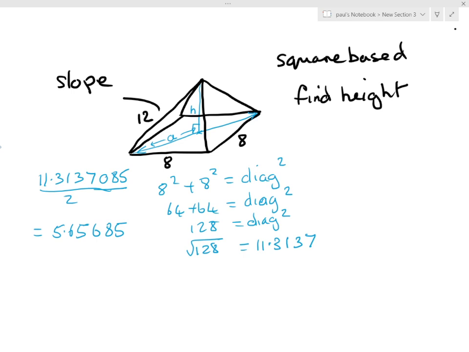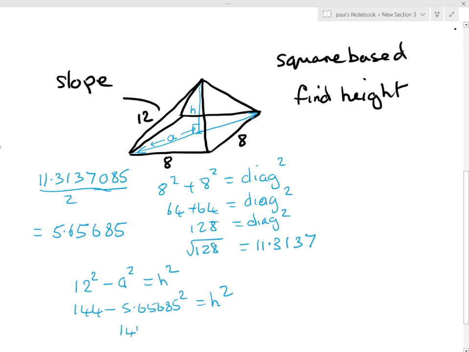Now the height is going to be 12 squared minus A squared equals the height squared. So this is 144 minus 5.65685 squared equals the height squared. Let's square that number, see what I get there. Oh, 32.